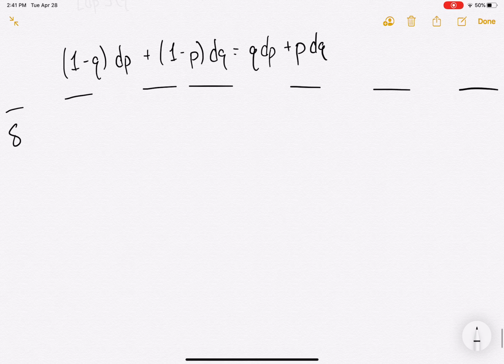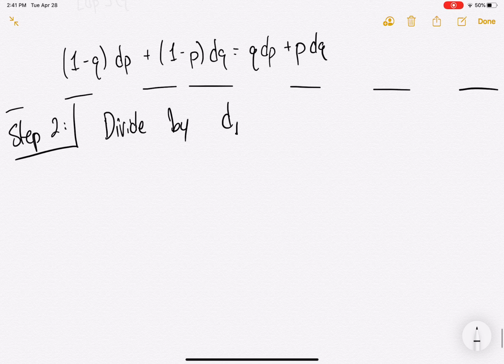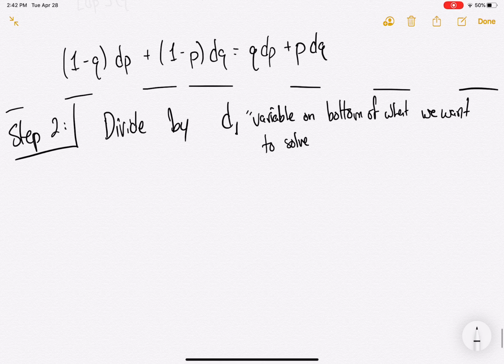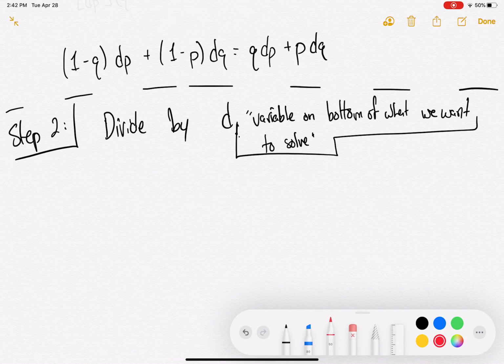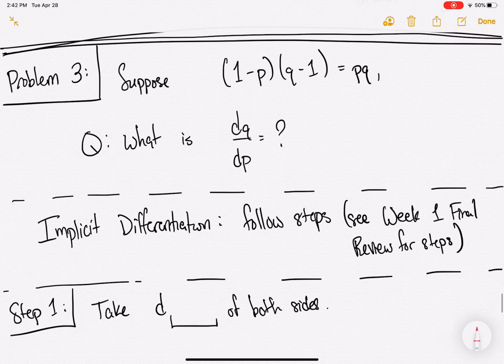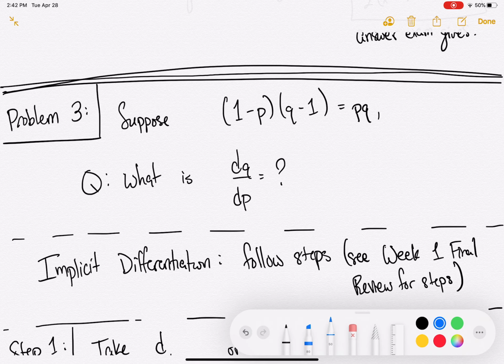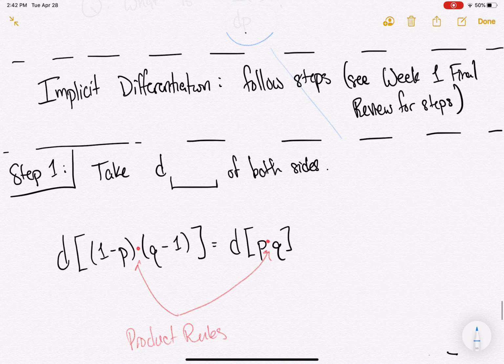Step 2, divide by D of the variable on the bottom of what we want to solve. So in this case, what is that? I say, what is dQ/dP? So P is the piece on the bottom.